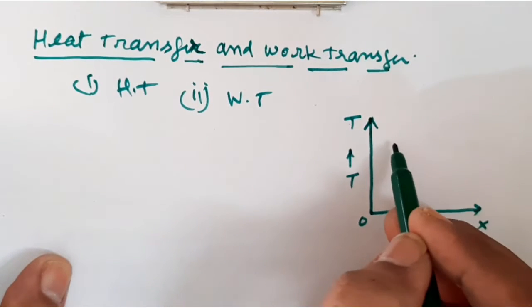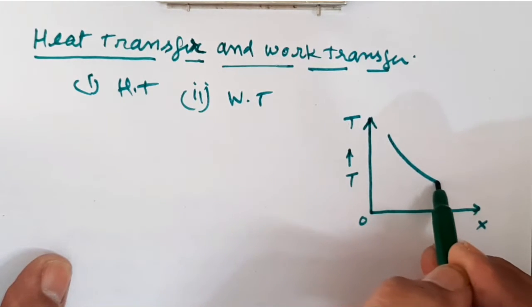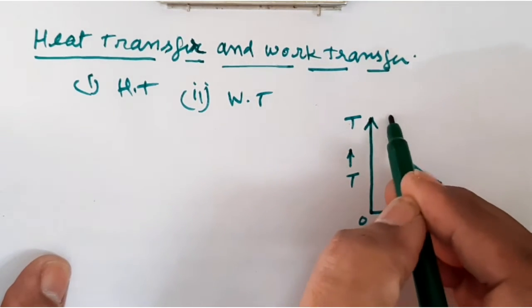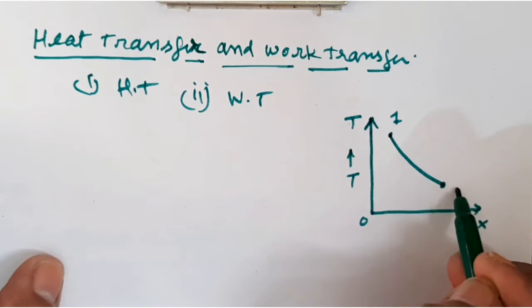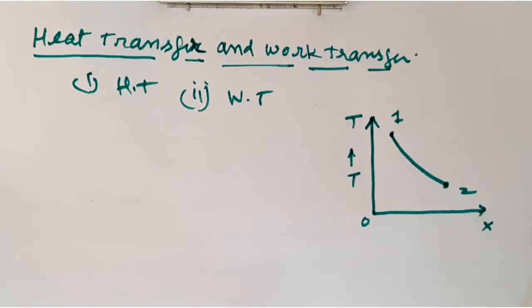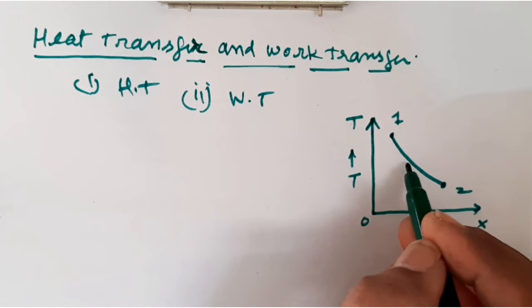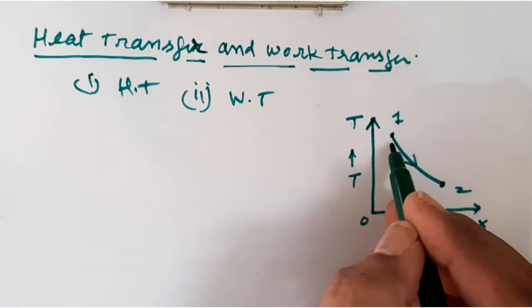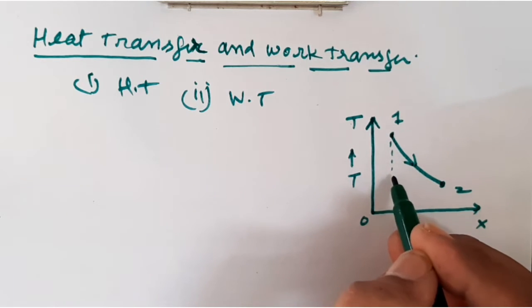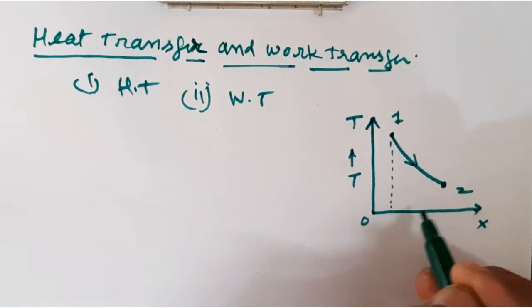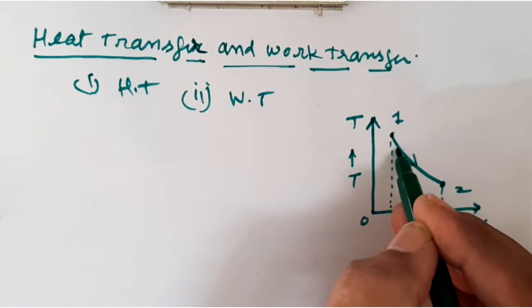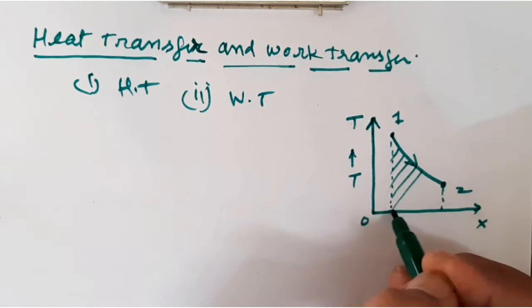Suppose this is a process from point 1 to point 2, and you can see the shaded area covered by this process presented in hatching lines.